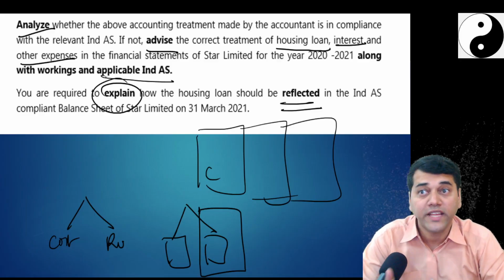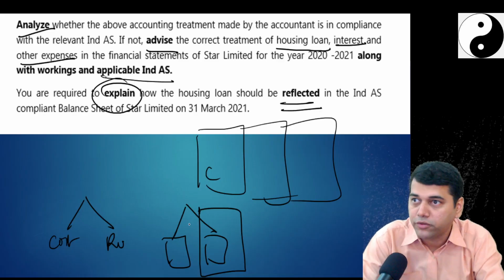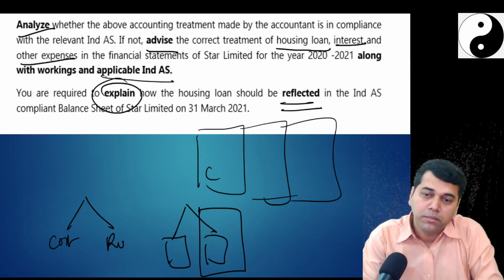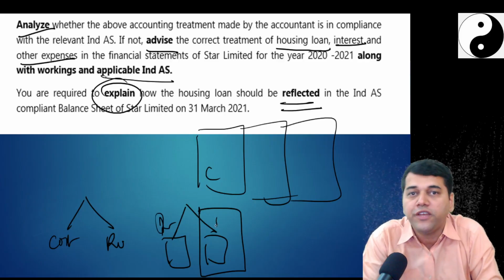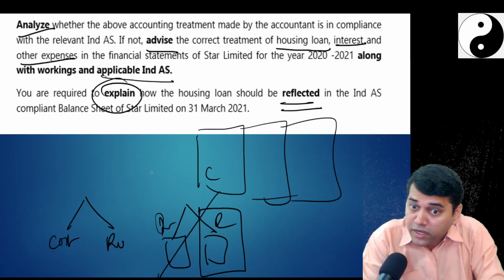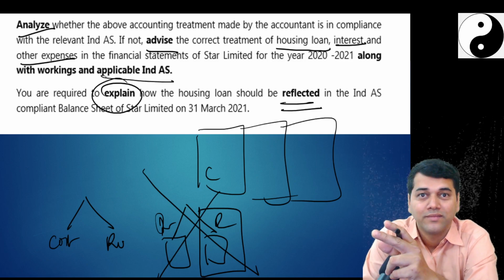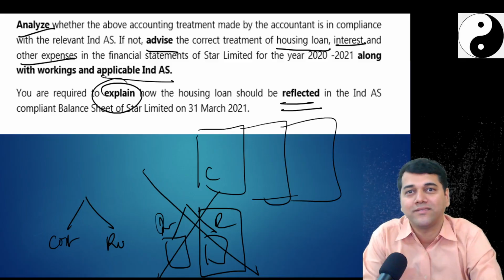Followed, no? Don't expect that when it is specifically given, and somebody has written if cost is followed, if revaluation is followed, the institute may not evaluate both. That's what I am trying to tell you. The institute says that you are not clear.